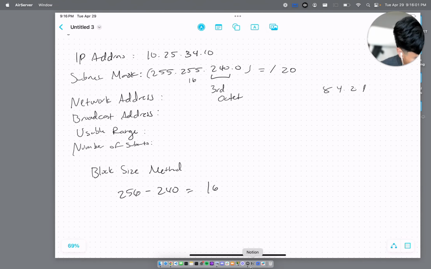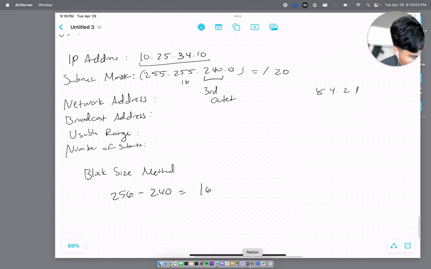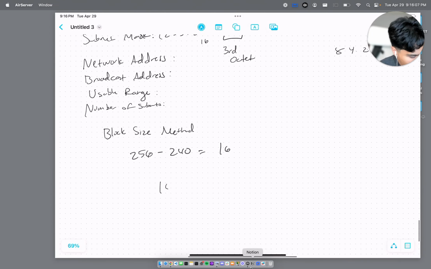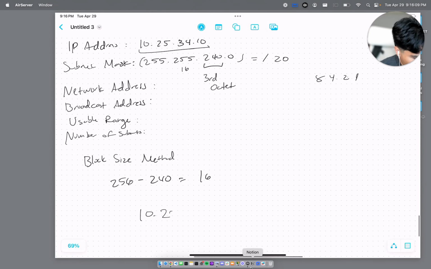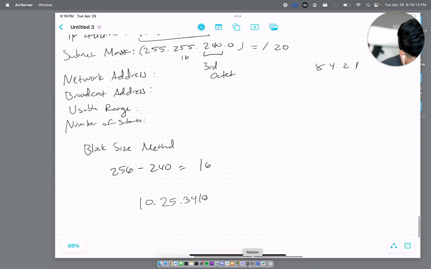We're given the IP here, so focus on the third octet: 10.25.34.10. Right, so 34 divided by 16 is 2, and then we have a remainder of 2.